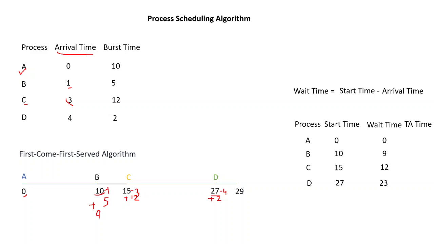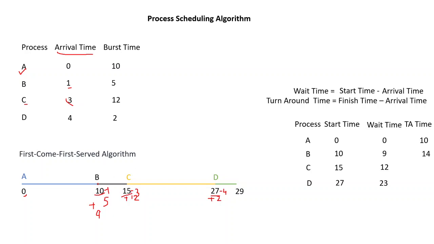Now we are concerned about the turnaround time, which is equal to finish time minus the arrival time. The finish time of A is 10, arrival time 0, so the turnaround time of A is 10. B finished at time point 15, arrival time is 1.